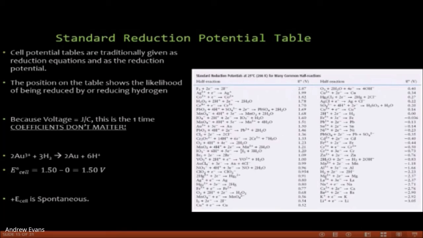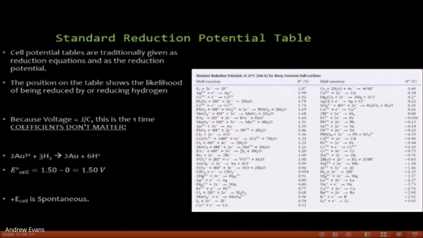Remember, these are all given as reduction. Hydrogen is undergoing an oxidation. So gold appears as it does in the table, but hydrogen does not. Hydrogen is the reverse, and the one that is the reverse gets subtracted. So we'd say 1.5 minus 0. So what is the E cell if I did this?